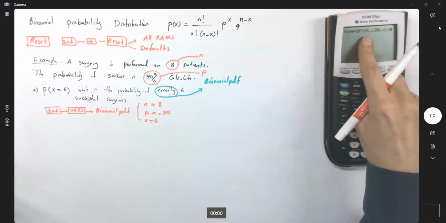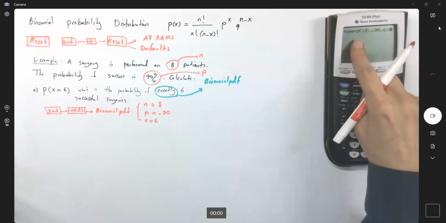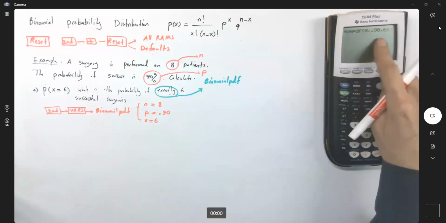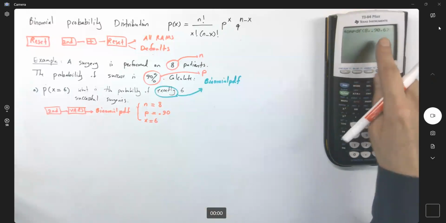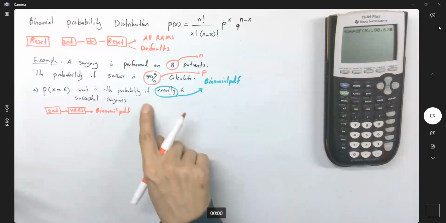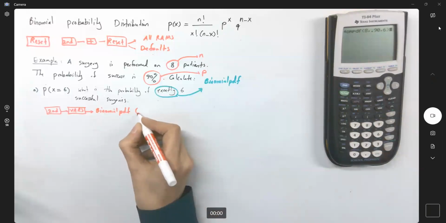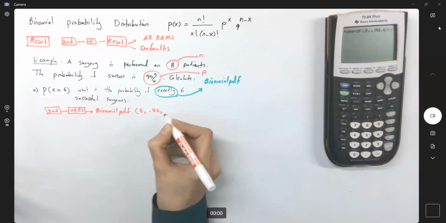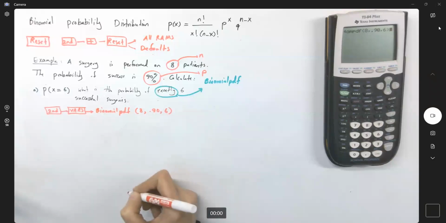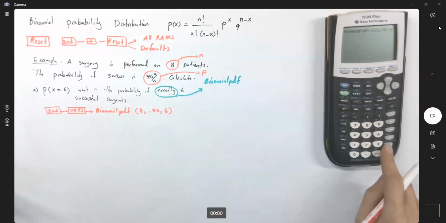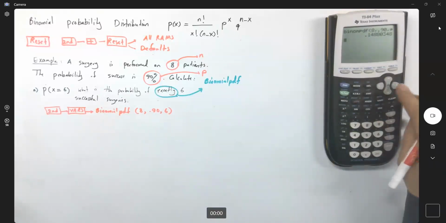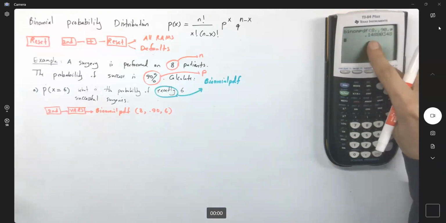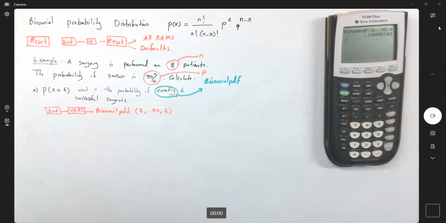If you're using your TI-83, or if you're using your cell phone app, you need to enter them using parenthesis 8, comma, 0.90, comma, 6, and close the parenthesis. And then enter, and it gives you 0.1488.